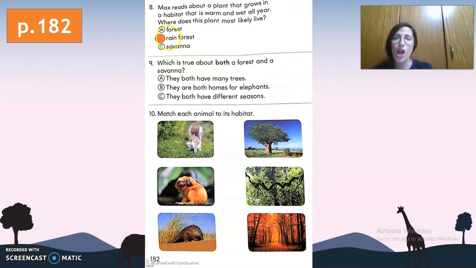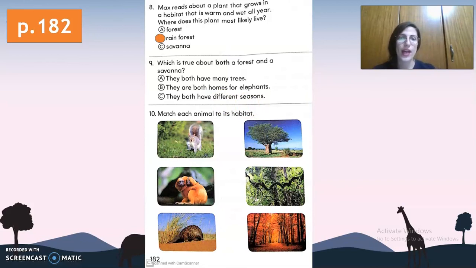Okay? Number 9. Which is true about both a forest and a savanna? It means what is correct about both a forest and a savanna.